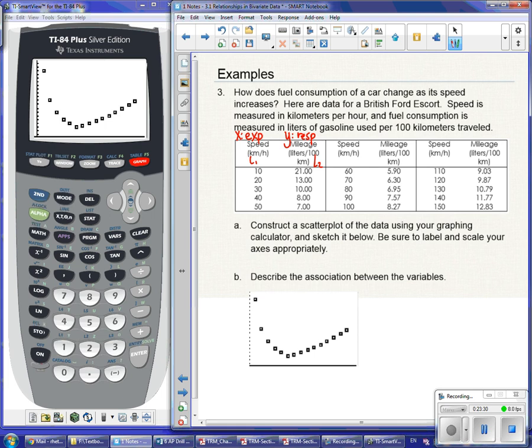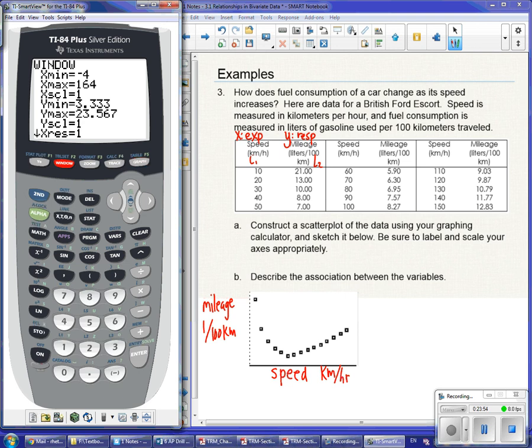My x-axis would be the speed, in kilometers per hour, and my mileage is going to be on the y-axis, in liters per 100 kilometers.